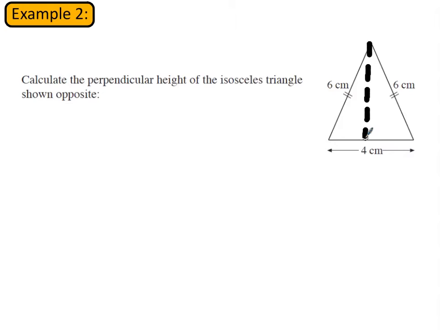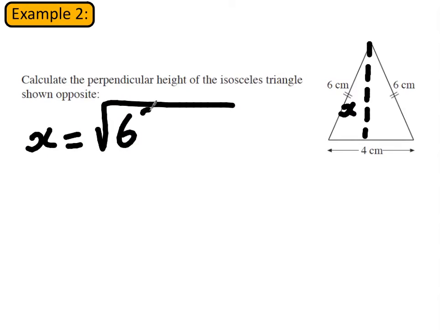So this leads, if we call the line X, that X is going to be the square root of 6 squared take away 2 squared. So remember that 2 comes from the fact that we're halving that 4, and so that's going to be the length of the sides of our right angle triangle.